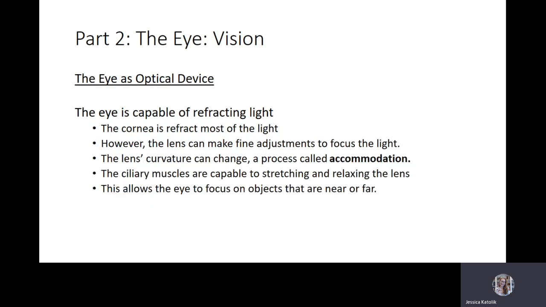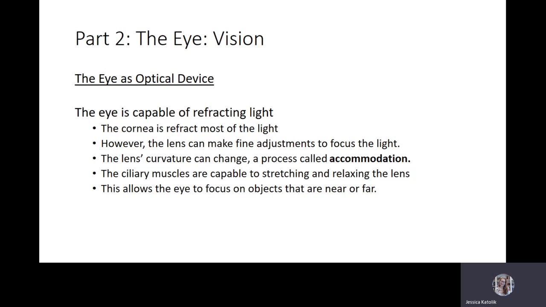So let's talk about it in more detail. To be able to see objects in our environment, light will be emitted from a light source, and it will hit the object and be reflected towards our eyes. When it's reflected towards our eyes, they are capable of refracting the light to focus it onto our retina. The cornea, because of its significant curvature, refracts most of the light.